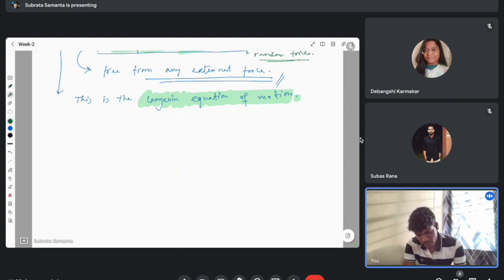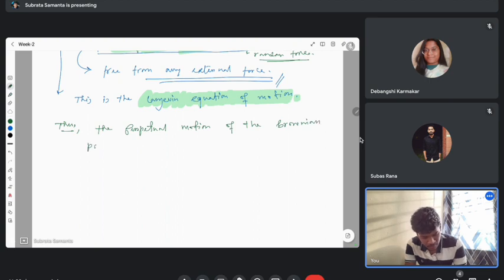So therefore, that's the perpetual motion of the Brownian particles.